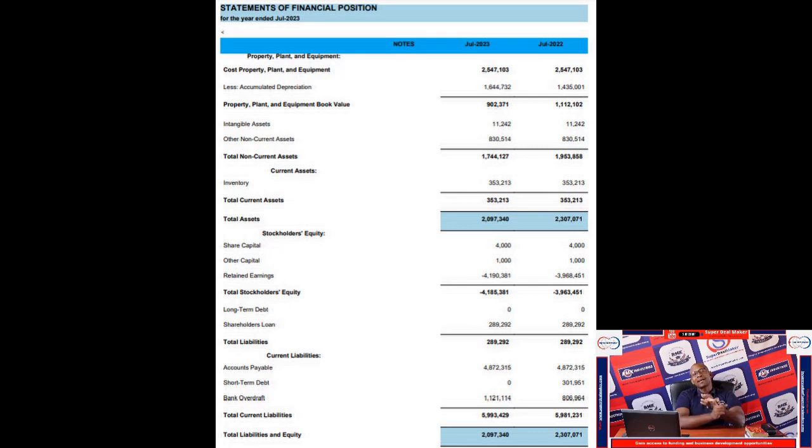You have the bank, if you have a positive bank account, because if it's negative, then you say it's a liability. And then you can have other accounts receivable, which are money that you paid in advance. Like if you prepaid for something, then that's other accounts receivable.